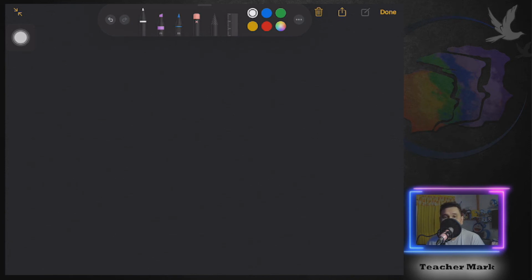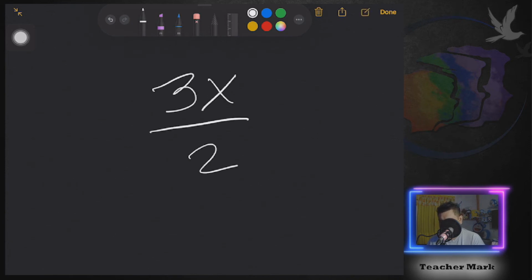What if we have 3x over 2? Okay, what do you mean by over 2 again? Since this is in fraction form, a fraction means what? Technically, it means division, right? So anyway, where x is equivalent to 6.